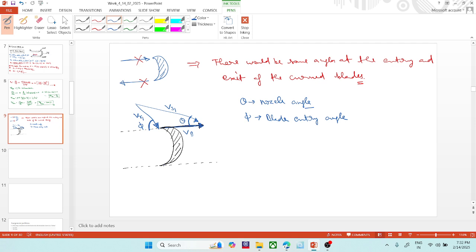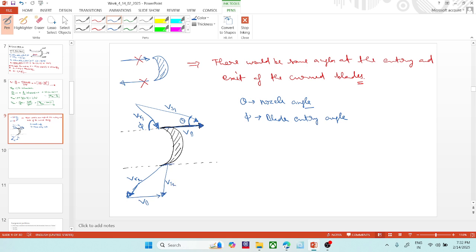Similarly, at the exit the fluid will leave like this, and it will have this same blade velocity. So this is the relative velocity at exit, VR2. This is the blade speed VB, it would be the same, and here it would be the absolute velocity at exit.